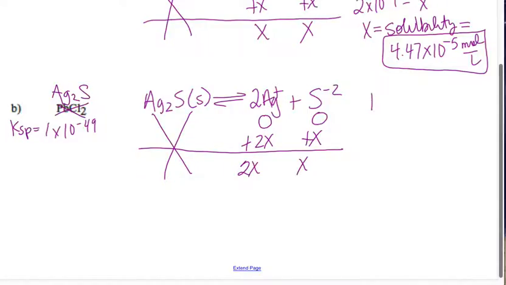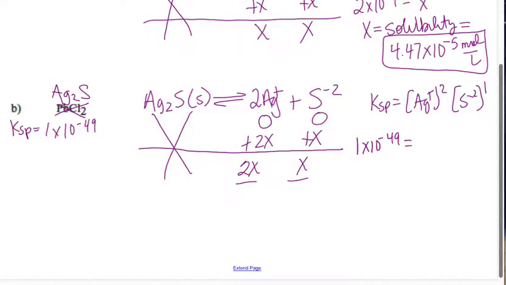So the expression unsubstituted is Ag plus squared S minus 2 to the first. So be careful. Make sure you place the correct thing with the correct exponent. So we get 1 times 10 to the negative 49th equals 2x squared times x.